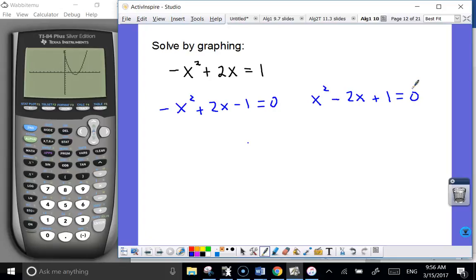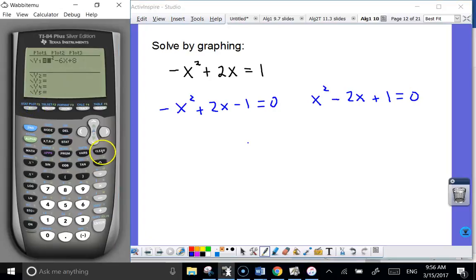In fact, some can do the first one and some can do the second one and see what the zeros are. I did the first one. You did the first one and you see a 0? So here's the first one. Negative x squared plus 2x minus 1.